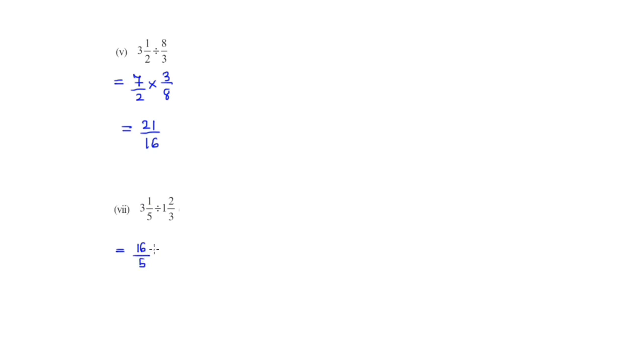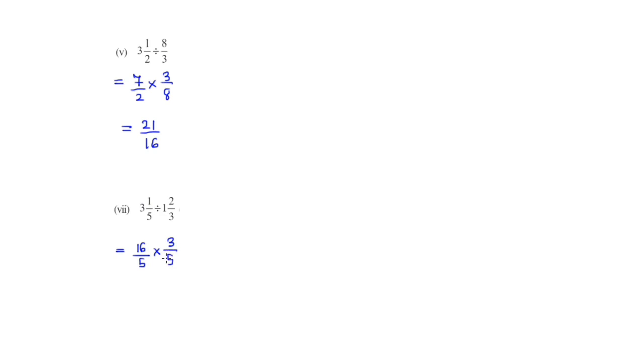Now change the sign. Yes, the multiplication sign. 3 times 1 is 3. 3 plus 2 gives you 5. So we will write this part as 5 over 3. Taking the reciprocal of 5 over 3, we will get 3 over 5.